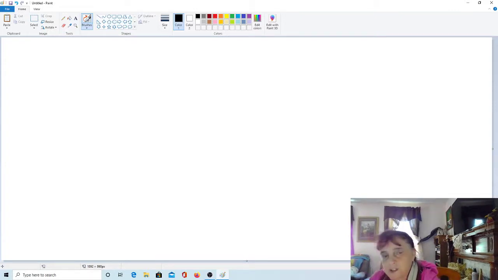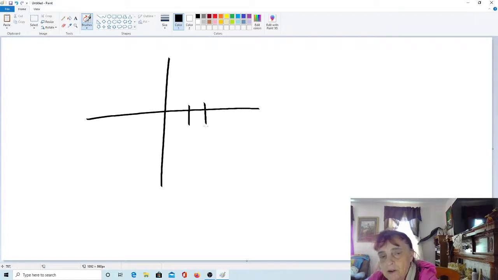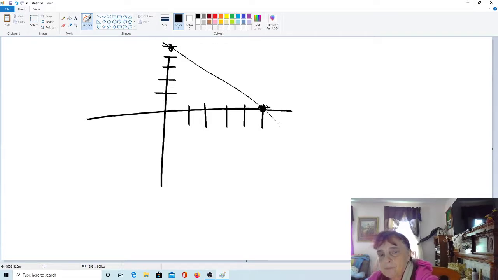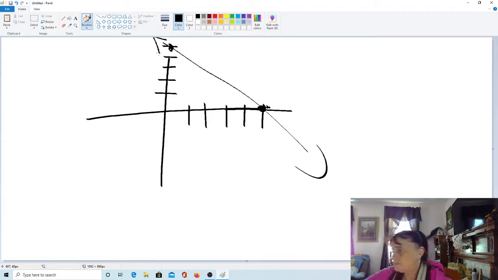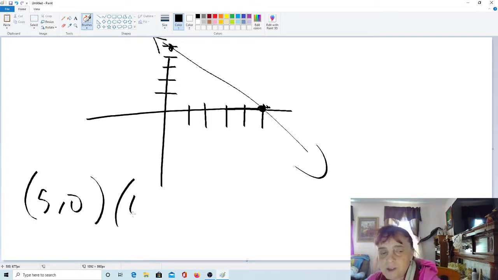Now you've got those 2 points. So let's say you're given this line. Okay, it crosses the x-axis at 5, crosses the y-axis when y is 5. So you have 5, 0, and 0, 5.